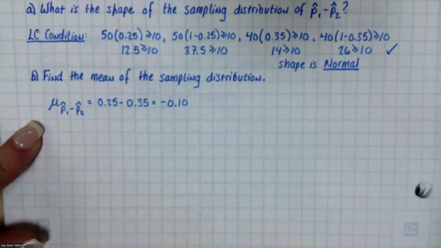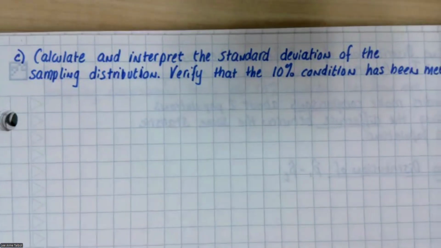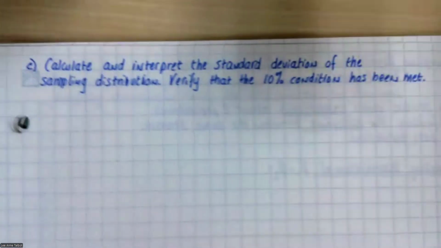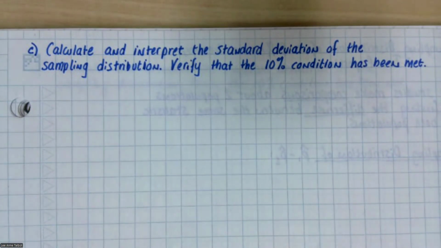If you guys have more room than that because you write smaller than me, you could probably fit C and maybe D. So the interpretation sentence is going to be a hot minute.